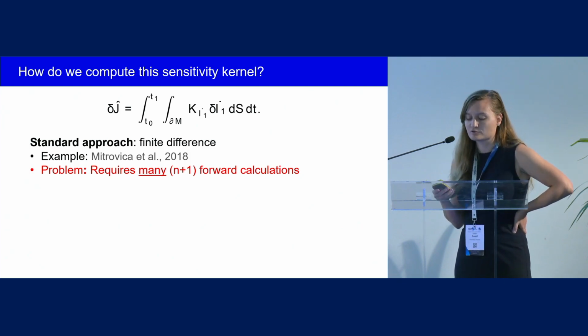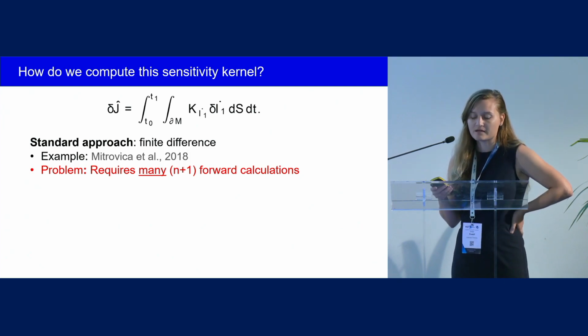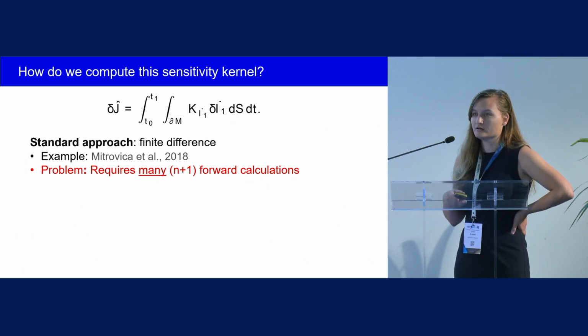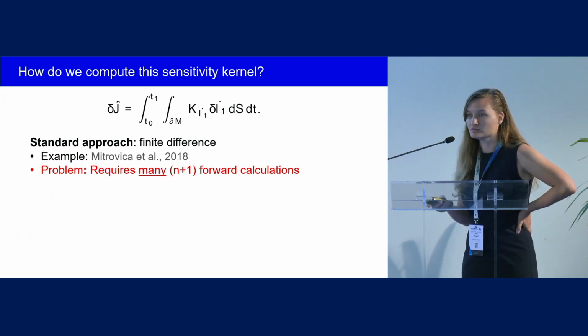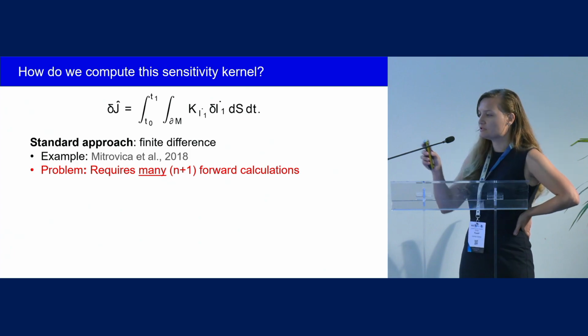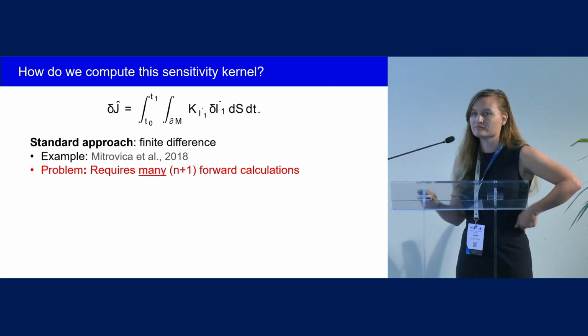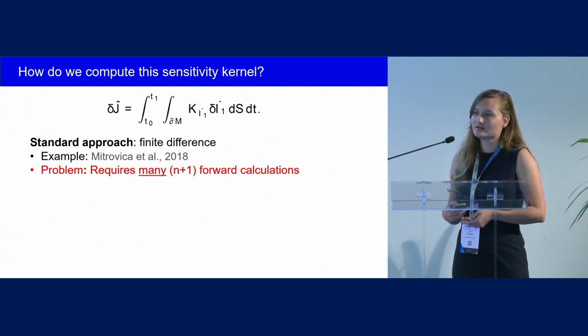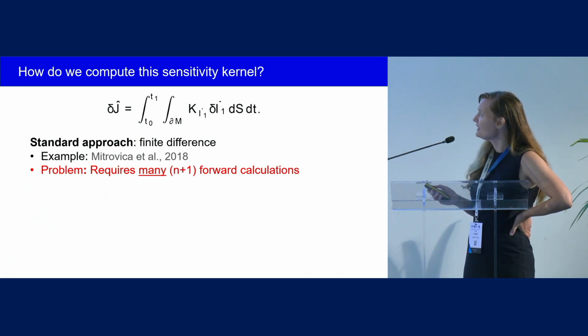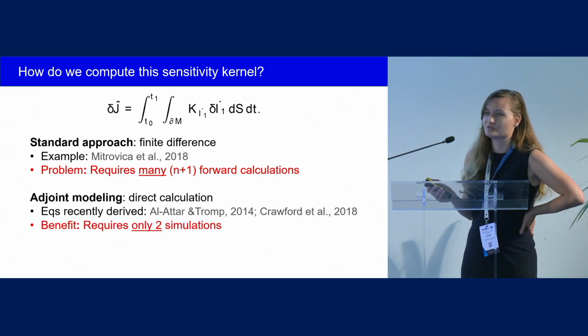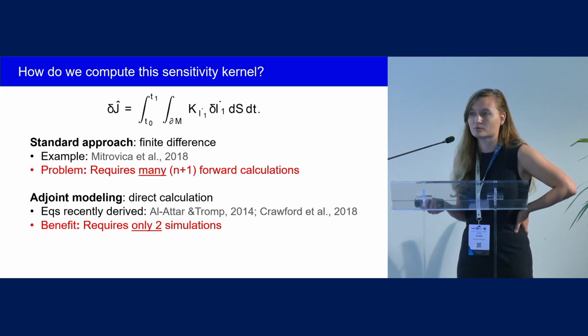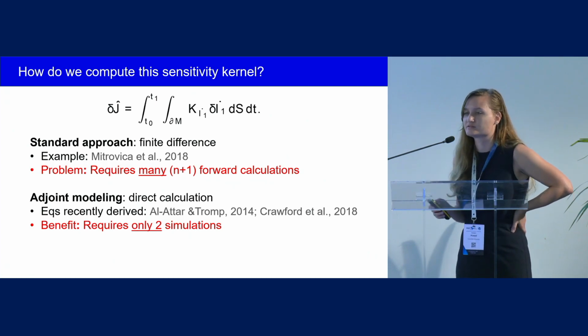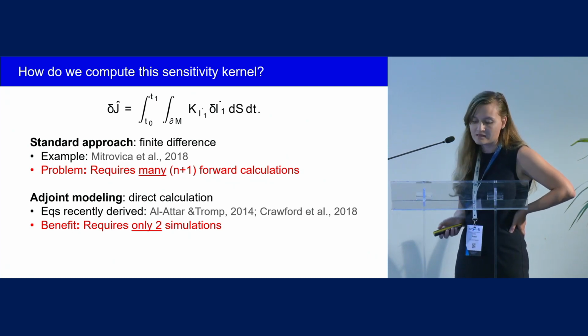The standard approach would be a finite difference method, where you run many, many forward models and perturb each grid element at a time to find out how your end result changes. For the calculations I'm going to show today, it would take over 1.2 million forward models, even at pretty low spatial resolution, so it's really not feasible.